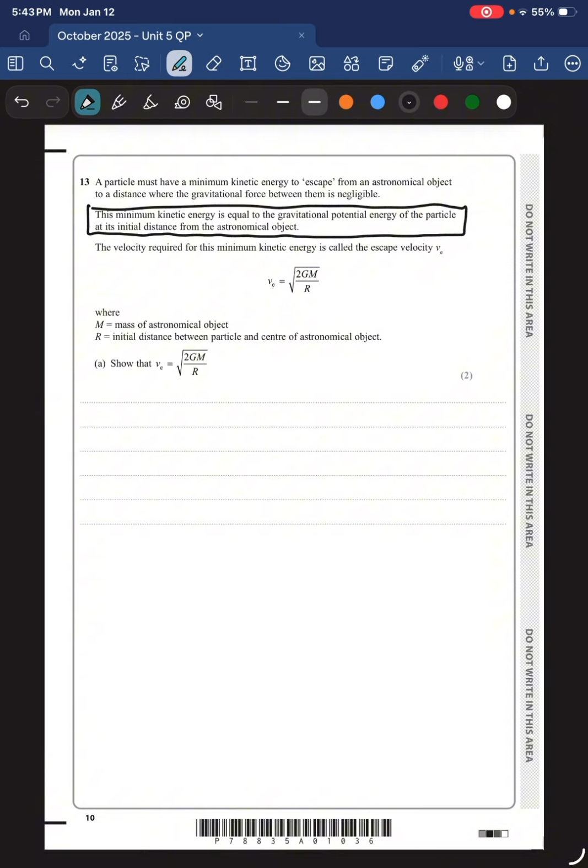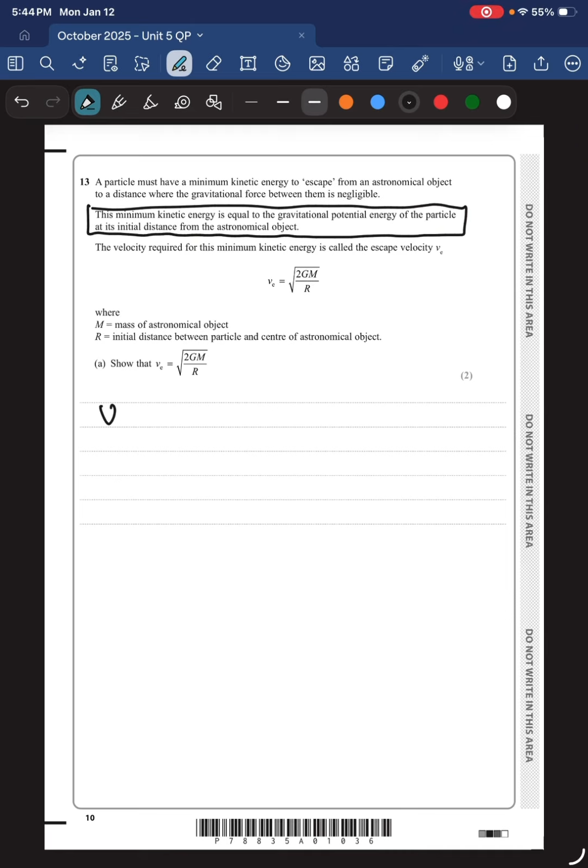The velocity required for this minimum kinetic energy is called the escape velocity. They give you the escape velocity and ask you to show that it is given by that expression. So the minimum kinetic energy is equal to the gravitational potential energy of the particle at its initial distance from the astronomical object.